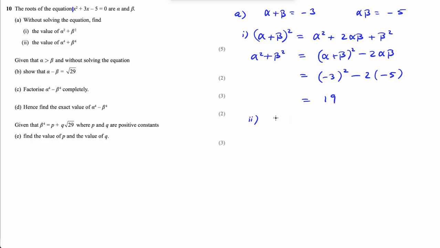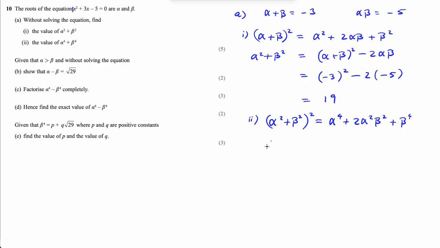It would be easier if we just do alpha squared plus beta squared, squared. And this will give me alpha to the 4 plus 2 alpha squared beta squared plus beta to the 4, because beta squared times beta squared is beta to the 4.